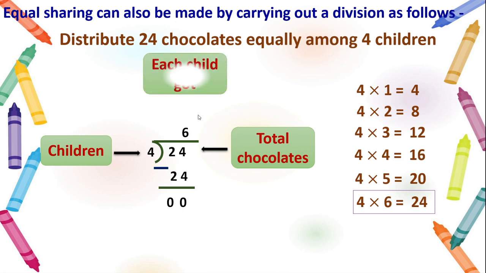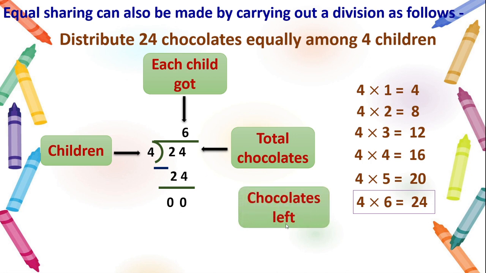Okay. And what is the number of chocolates the child got? Each child got 6 chocolates. Right? Each child got 6 chocolates. Now, what remained? Chocolates left: 0.